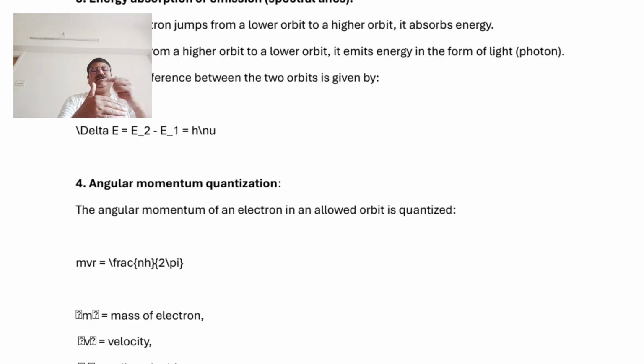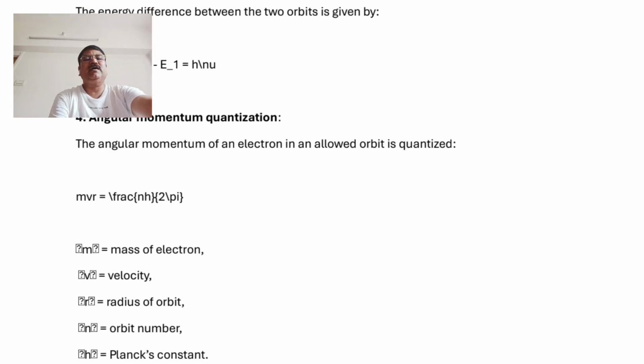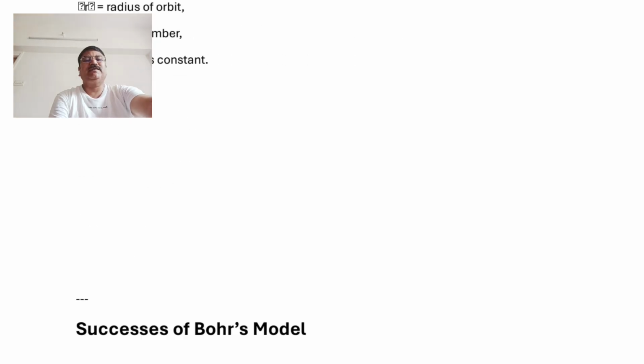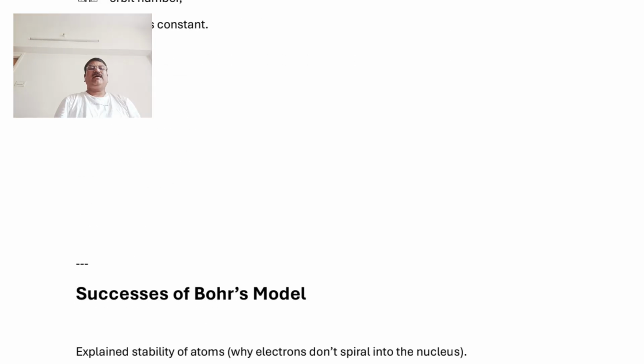Whenever it is continuously rotating in the orbit, it creates some angular momentum, and this angular momentum is always similar to the energy level in which it is present. So all these are the four different postulates of Bohr's theory.